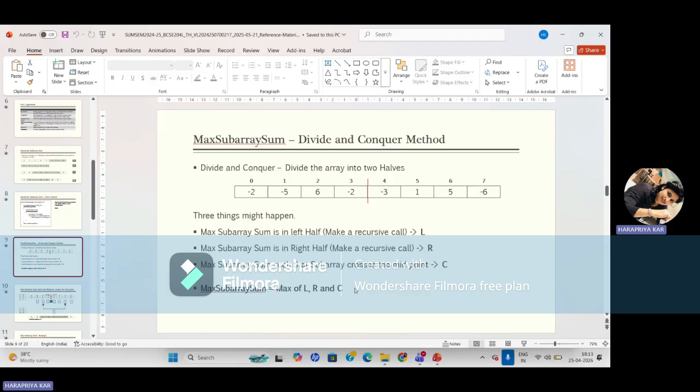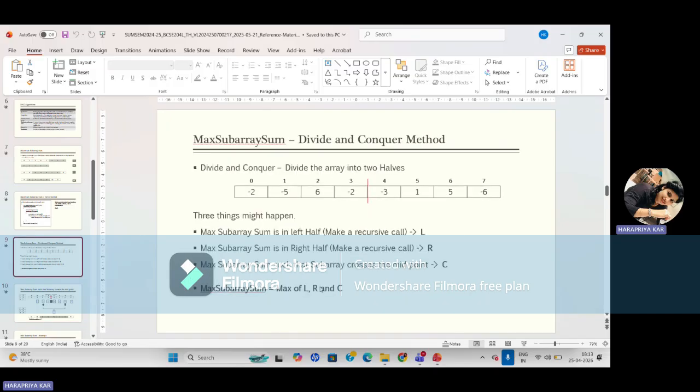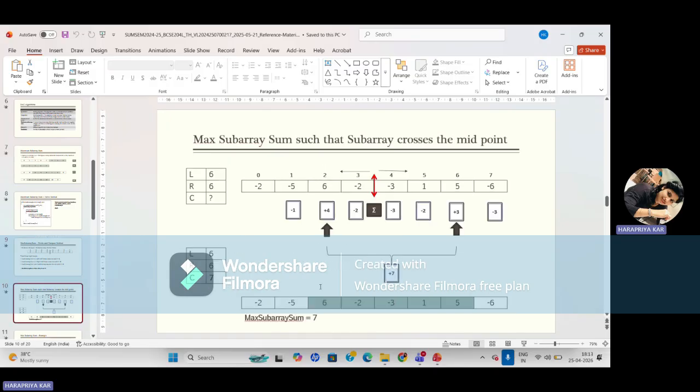Here you can clearly see L, R, C, that is left, right, and crosses. The values mentioned are -2, -5, 6, -2, -3, 1, 5, -6. We have to take the contiguous sum of the elements. While summing up, we do -1 plus 4, -2, -3, -2 plus 3, -3.